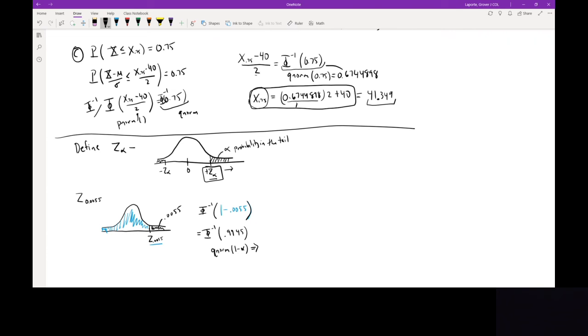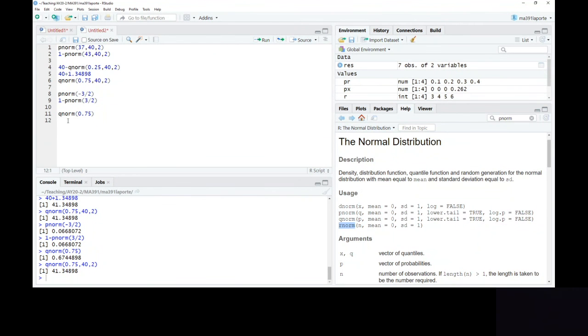So we'll jump over to R real quick. qnorm of 0.9945, and we get the number 2.542699. If you go to the back of the book, most statistics books have a table in them.